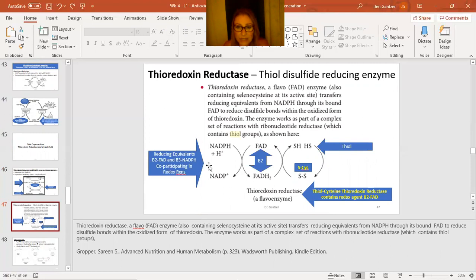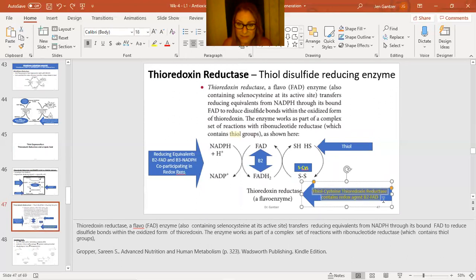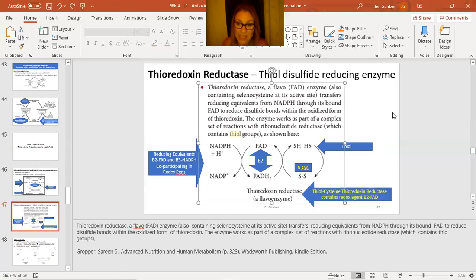So this is, again, another example of the thioredoxin enzyme systems, when we're looking at how our bodies are using these redox reactions. What I want you to focus on is, number one, as I just said, thio, meaning sulfur containing. The thiol that this enzyme and protein has is going to be the cysteine sulfur amino acid, okay? And then what we're doing here is the FAD is going to be your B2.